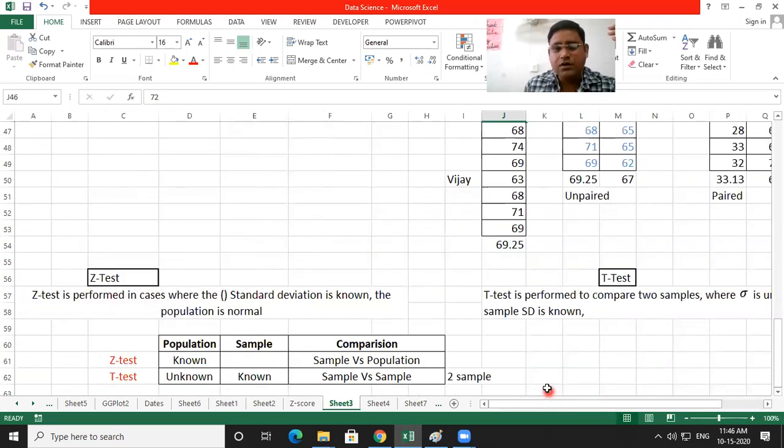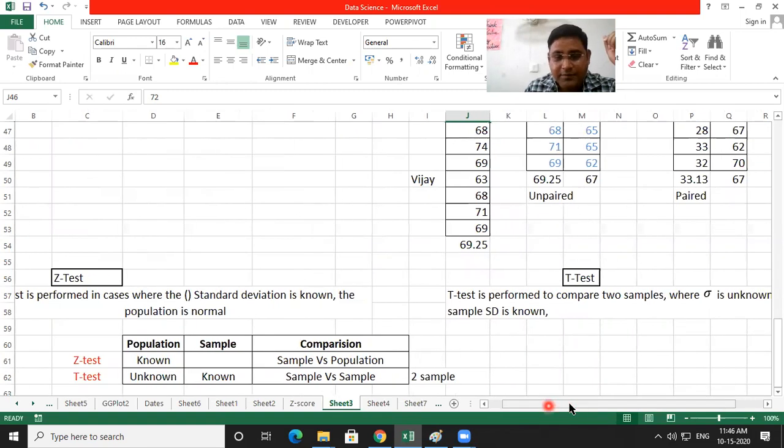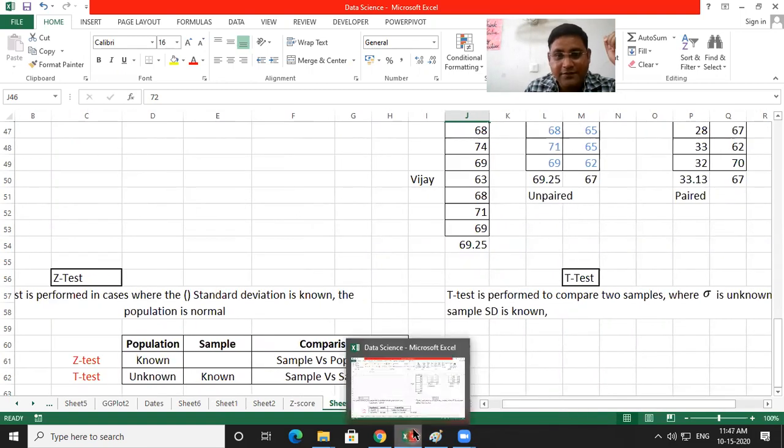Okay, so once we apply these tests, let us suppose I apply a t test. I will get the t statistic, and from that t statistic I will get the p value. That is my probability value. Now I will check whether my p value is less than 5% or greater than 5%.